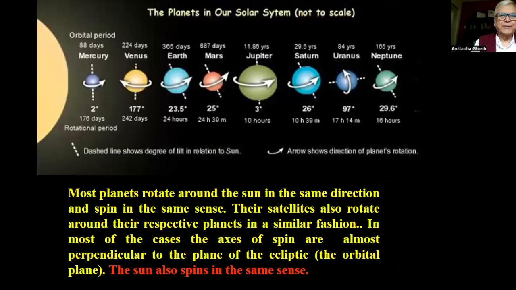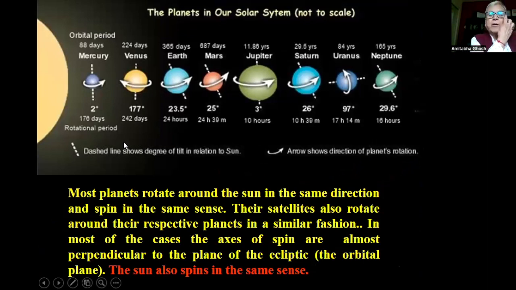So you can see the planets of our solar system, not to scale, of course. We can understand that every one is spinning, only Venus is a little reverse. They're all spinning in the same sense and their axes are all approximately tilted at right angles to the orbital plane, which is this plane.